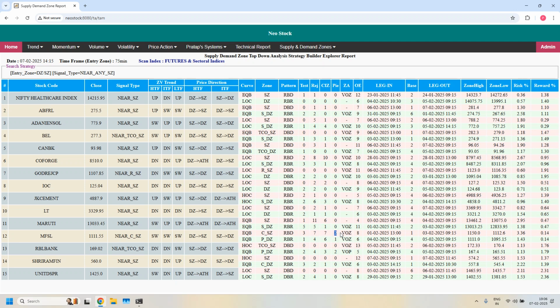MFSL is a PR zone. That's it. We have only one valid high liquidity 75 minute supply zone from this list. If anybody wants to try PR zone strategy, you can focus on MFSL.